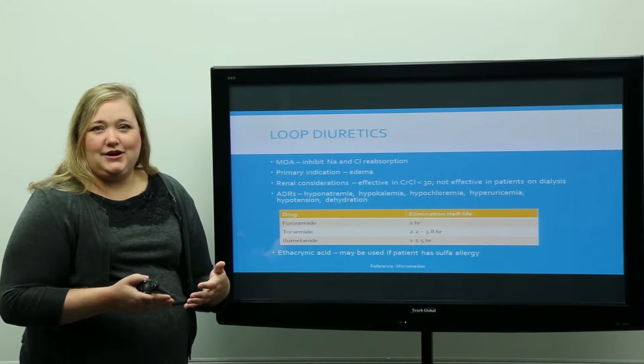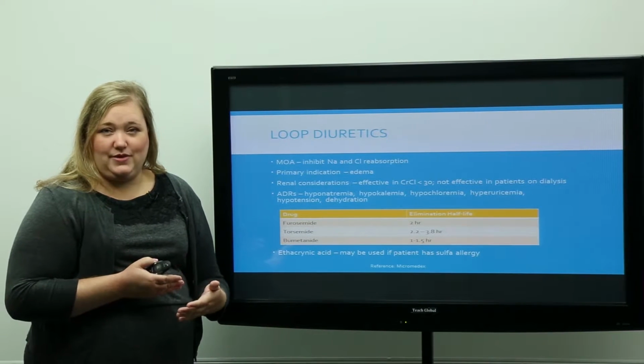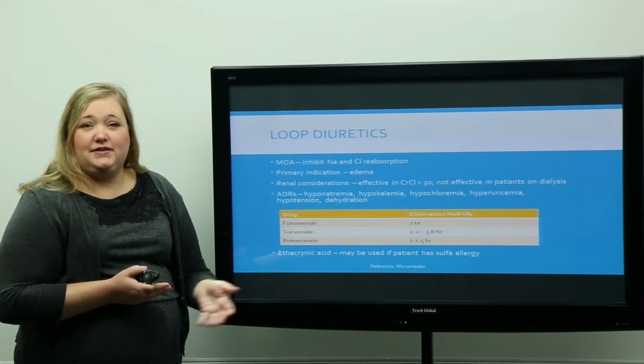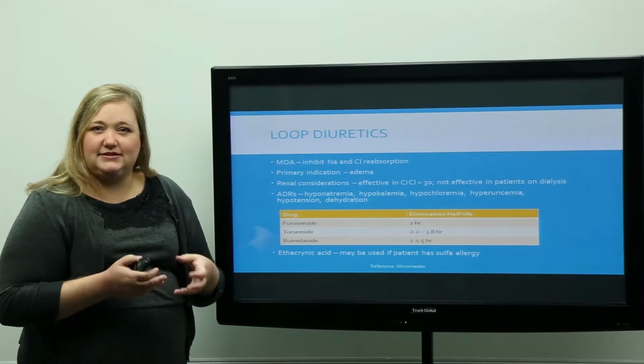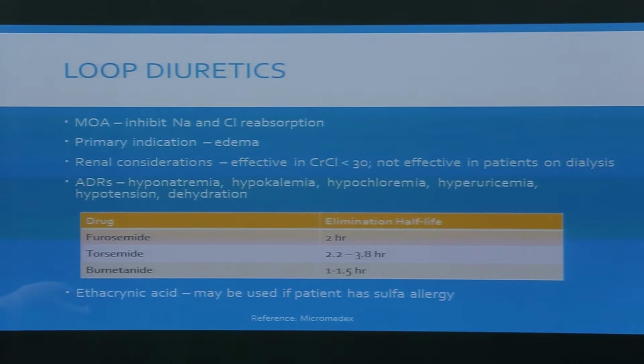So therefore, if I decrease the amount of volume that's in those blood vessels by using a loop diuretic, then you are going to have a decrease in blood pressure because you're going to have a decrease in volume in those blood vessels.